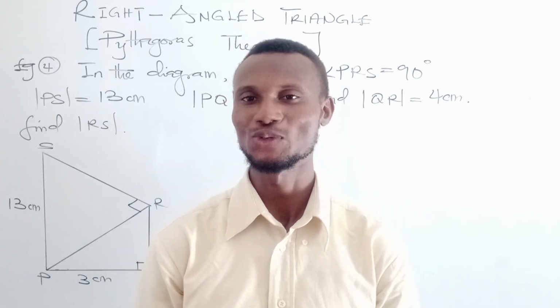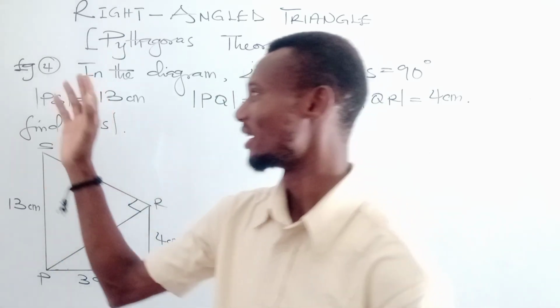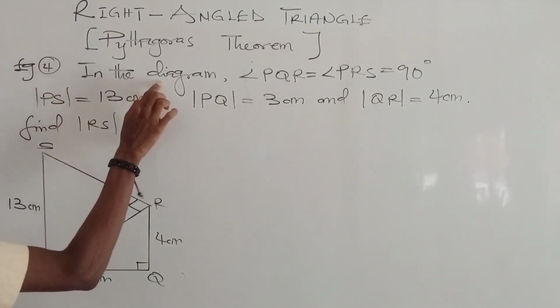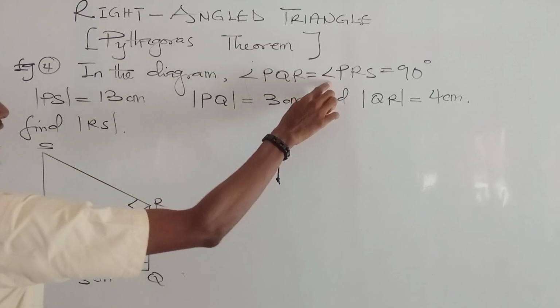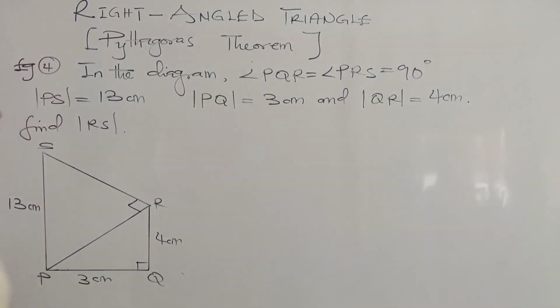Let's go ahead and solve the example 4 that I have on the board together. So let's read the question. Example 4 says, in the diagram, angle PQR is equal to angle PRS, which is equal to 90 degrees. And we have line PS, or length PS. Either you say line PS or length PS, it means the same thing.